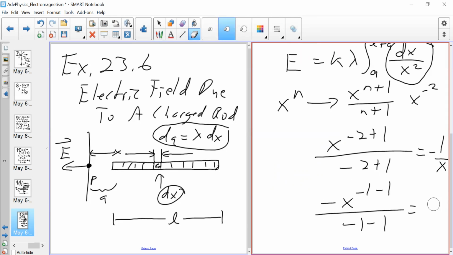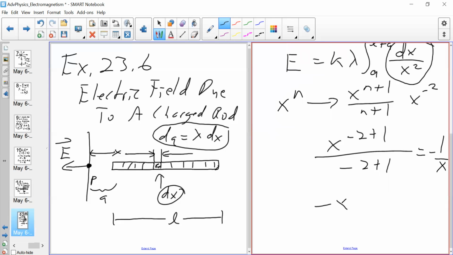I'm doing an antiderivative again. So it'd be negative x to the minus 1. And then I subtract minus 1 here, then I multiply this by minus 1 and then subtract. Get my operations all backwards. So this is negative, this is x to the minus 2, this is positive, so this becomes positive x to the minus 2, which is 1 over x squared, which is what we have right there.